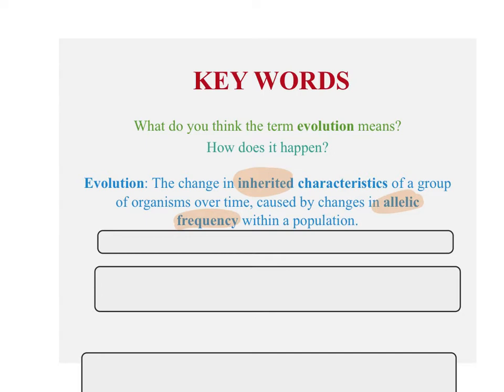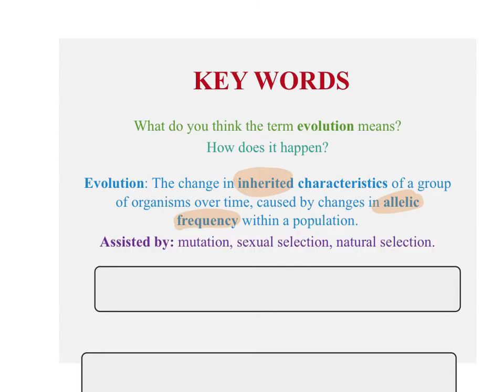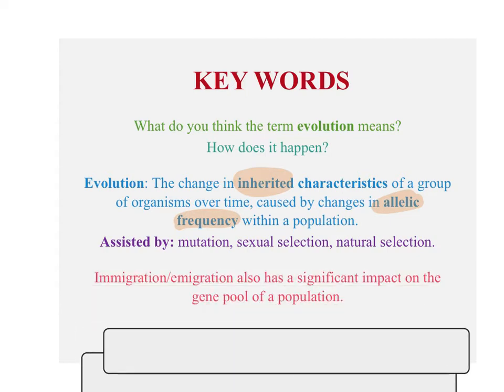Now it can be affected by a few different factors. So it can be helped by mutations, selection, so sexual selection of a mate, and natural selection, so the selection pressures on a population. But also, immigration and emigration have a significant impact on the gene pool, so organisms coming into or leaving an ecosystem or environment.